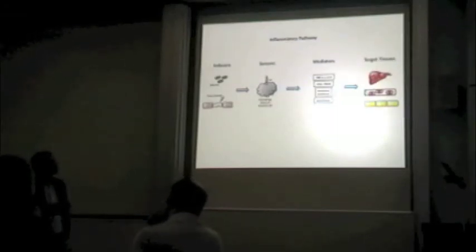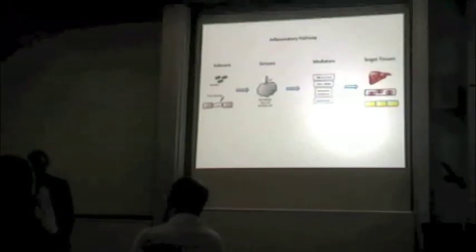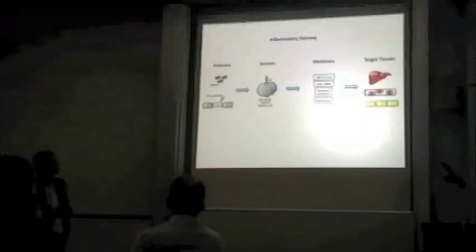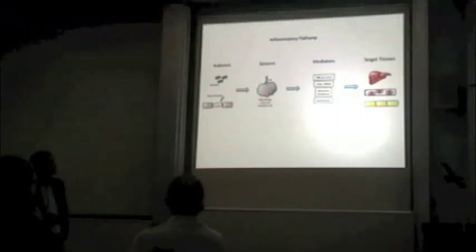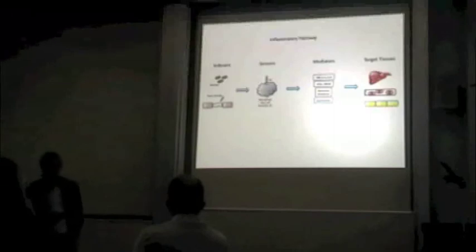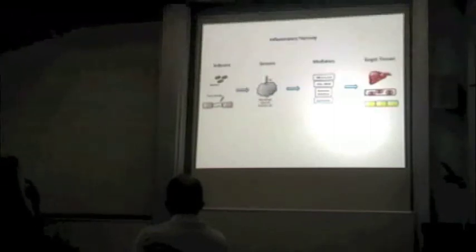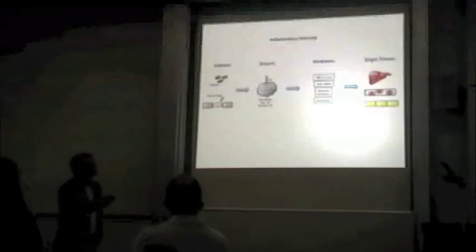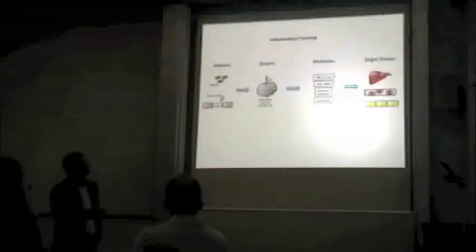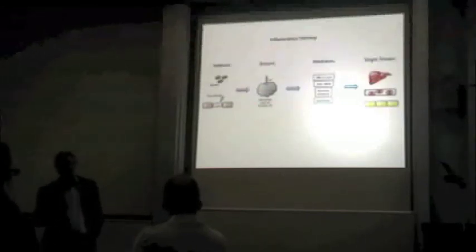There are sensors of the inducers, and sensors could be understood both as cells that are involved in sensing and specific receptors. Again, I'm using mammals as an example mostly, and the types of sensors that are involved are generally macrophages, but also mast cells and dendritic cells. When they sense the inducers of the response, these sensors produce a variety of inflammatory mediators.